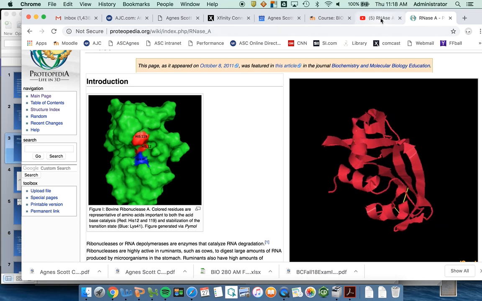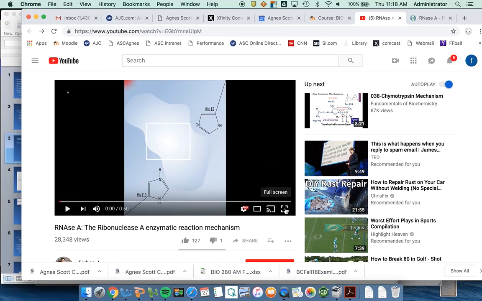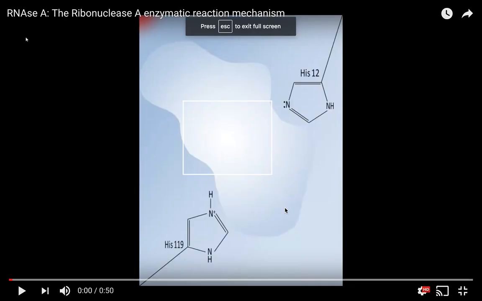Now, let's look at the mechanism with an animation and see if we can get this straight in our head. Okay, so here's our two histidines in the active site. Here, the active site is shown as just this pocket in the middle. Histidine 12 is deprotonated. Histidine 119 is protonated at the beginning of the reaction.